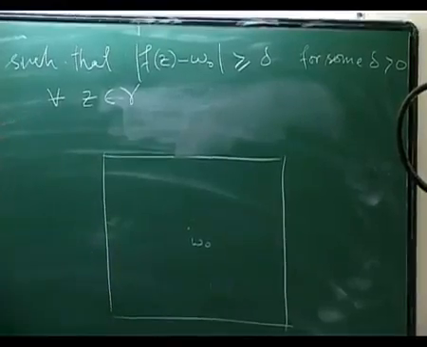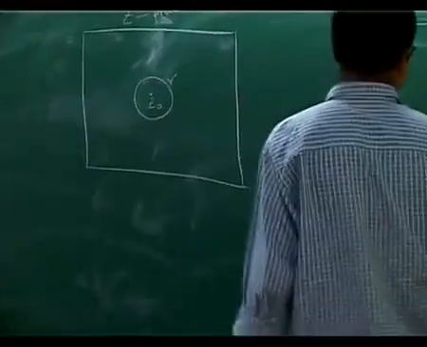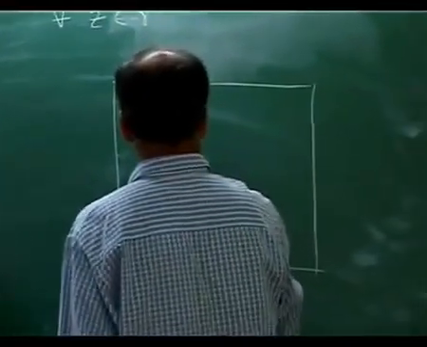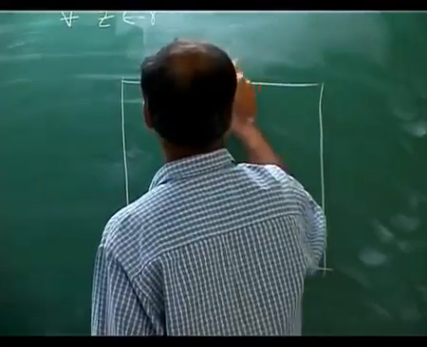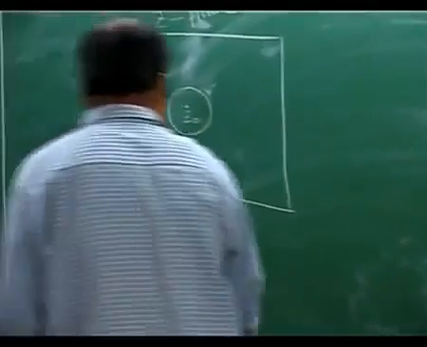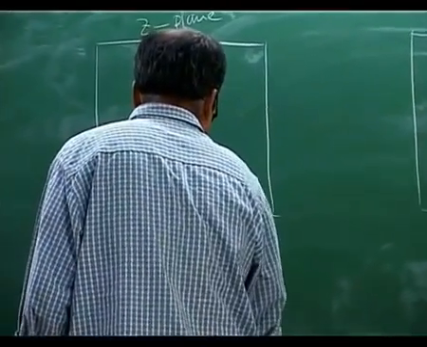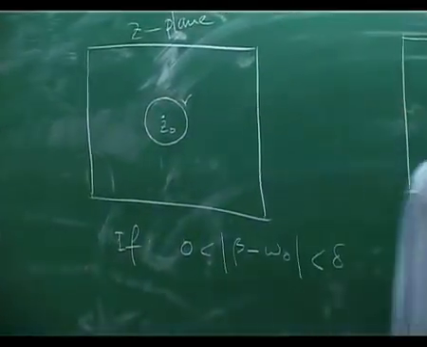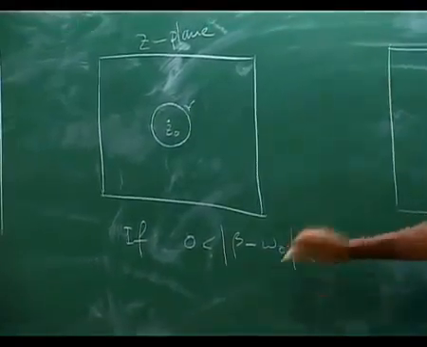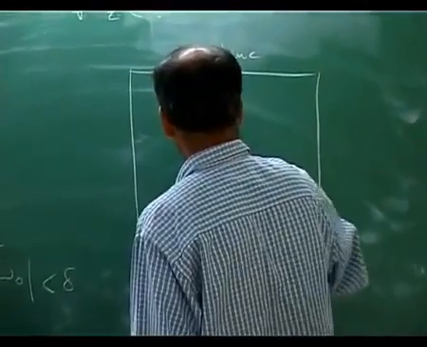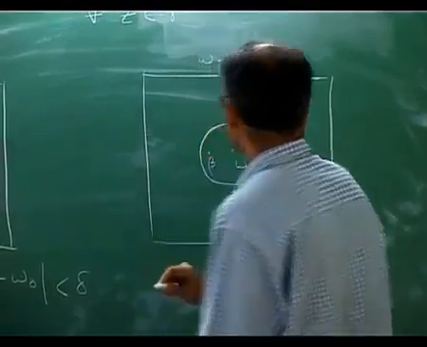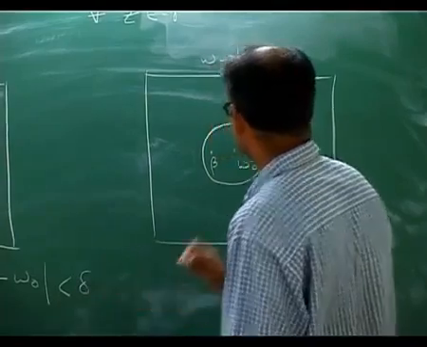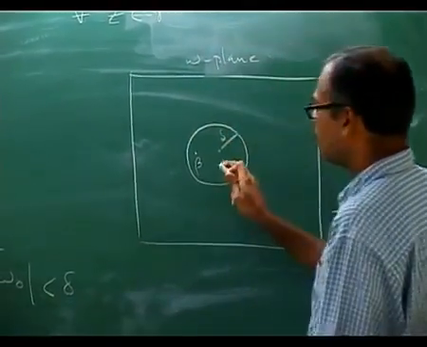That being so, if you take a point beta in the w plane, so this is our w plane, with 0 less than beta minus w naught less than delta, so I take beta in a punctured disk around w naught of radius delta. So this is just delta, and I'm not considering w naught.